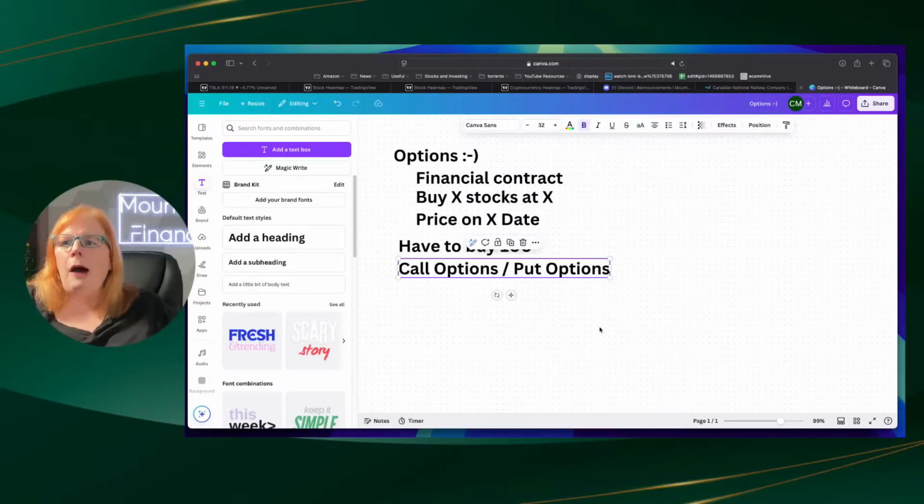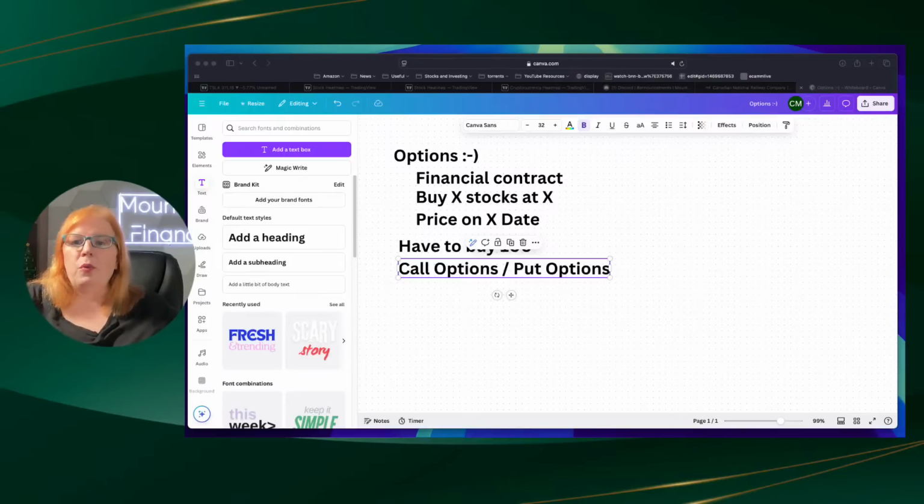A call option basically gives the buyer the right to buy an asset at a certain price. This is ideal for investors who are expecting a price increase. If you're thinking the price is going to go up, you're probably going to exercise a call option. A put option gives the buyer the right to sell an asset at a certain price.